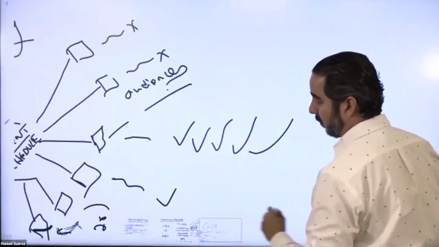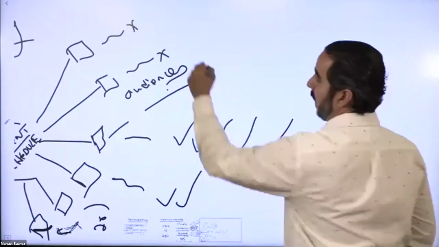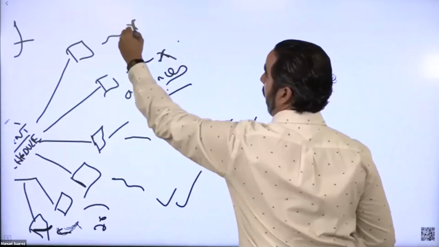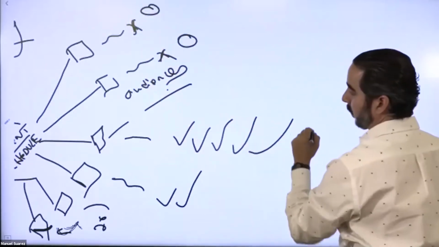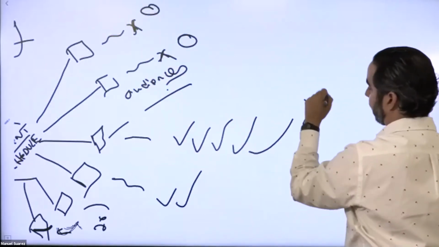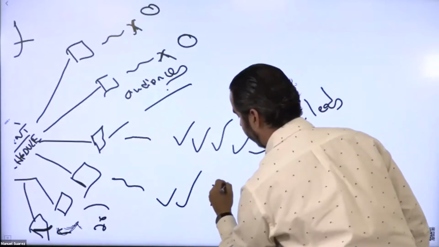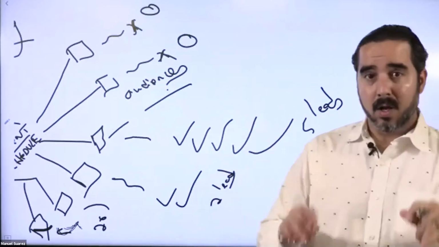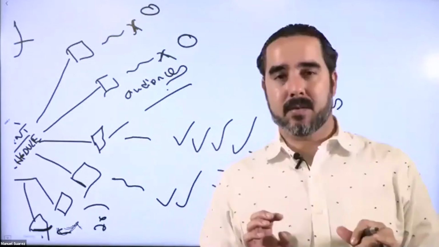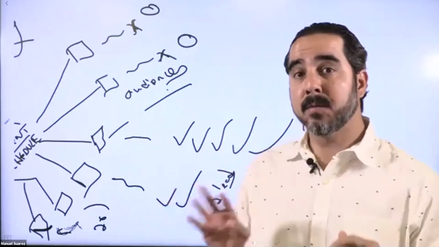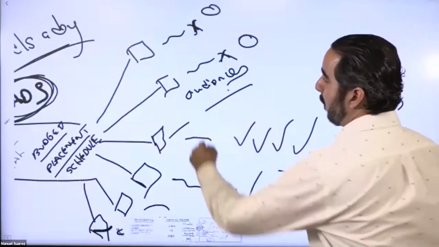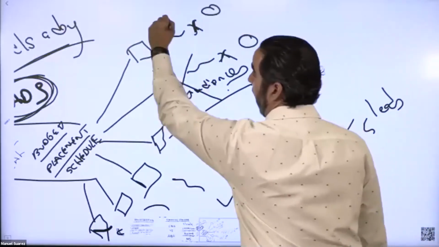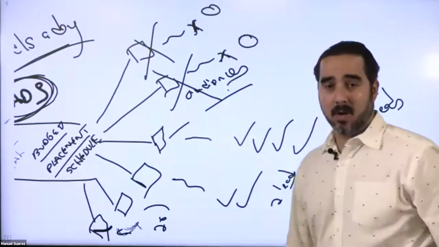So I got 4 results here, and I got 2 results here, and I don't got results over here, and I don't got results over here, which means what? 0 leads, 0 leads, 5 leads, 2 leads. Okay, so check this out. Look at the brilliance of the algorithm and what Facebook does for you. As they see this, they stop spending money here, and they stop spending money here.